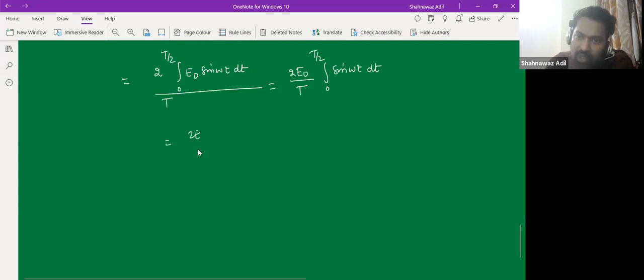The integration is minus cos omega t, and the limit is T by 2.